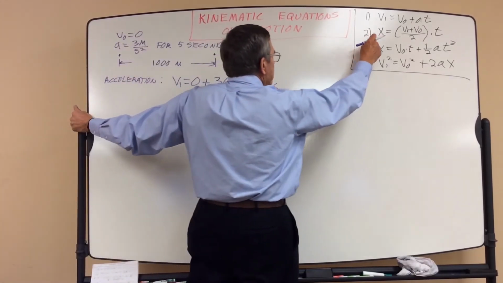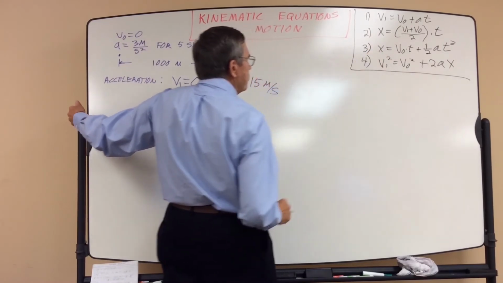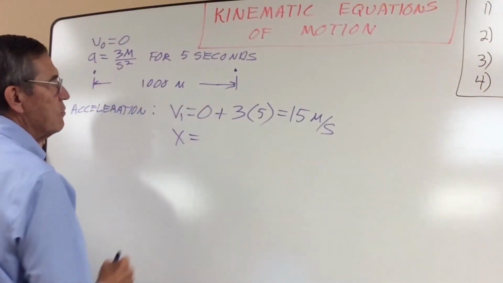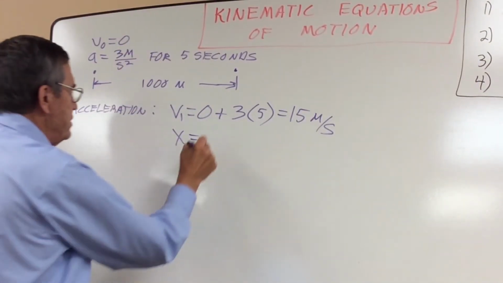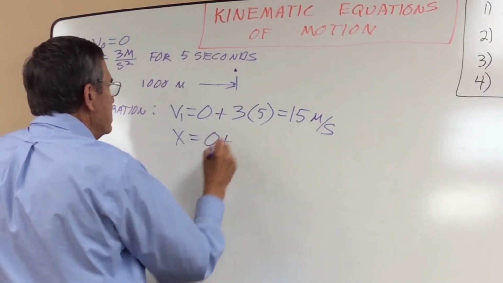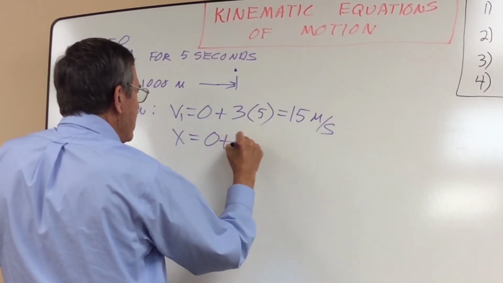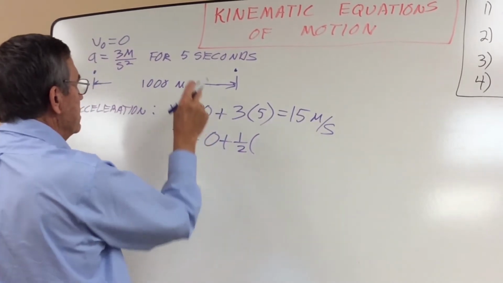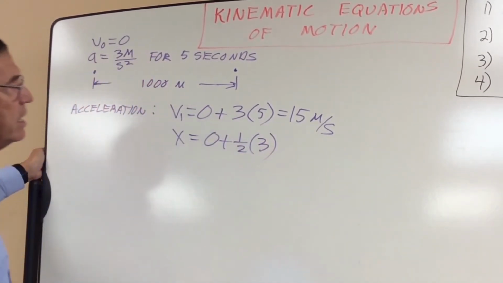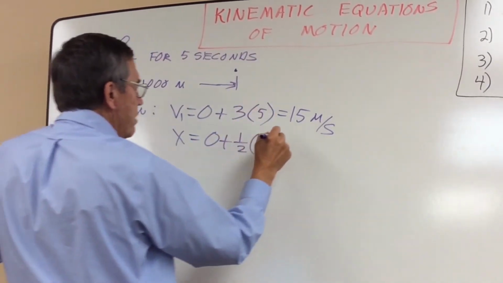Well, we have two ways of doing that. Let's use number 3. Okay, so we can say x is equal to v0t, well that's 0 because we were at rest, plus 1/2, the acceleration is 3 meters per second squared, times t squared.